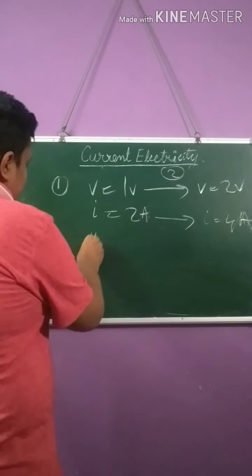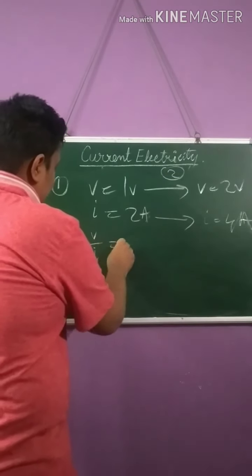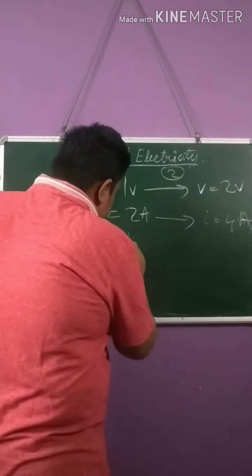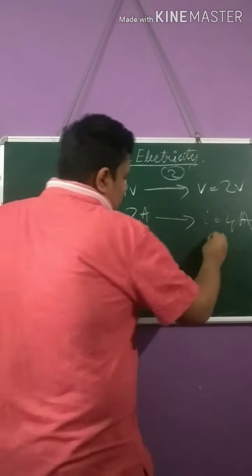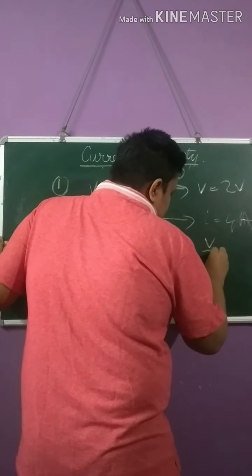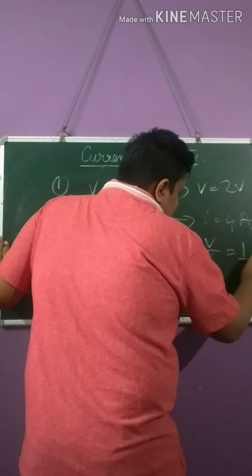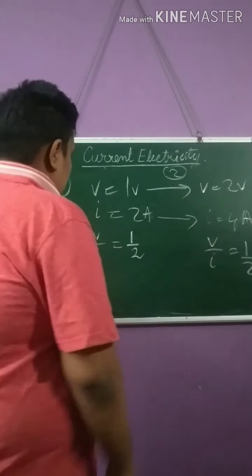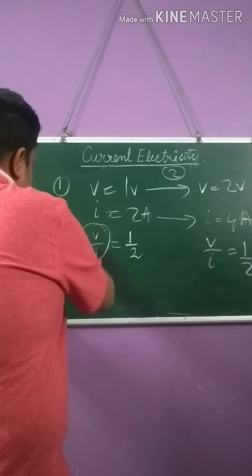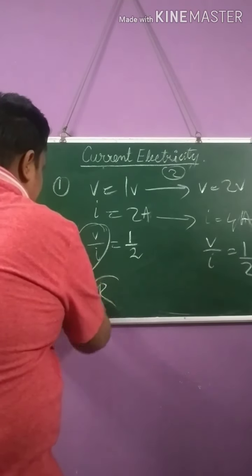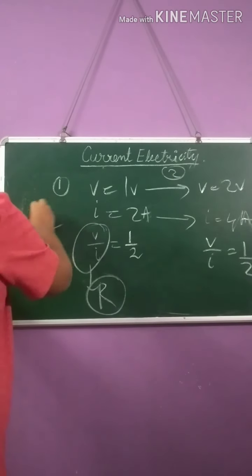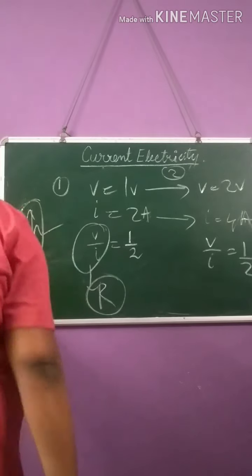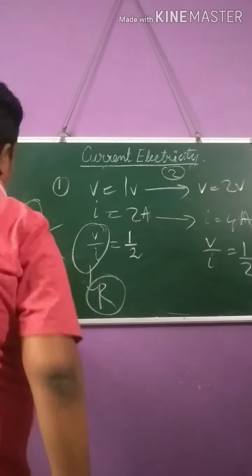Because in both cases V by I should remain constant. Here it is 1 by 2, and here also the V by I ratio is 1 by 2, and it should be constant because it is R and R is constant.